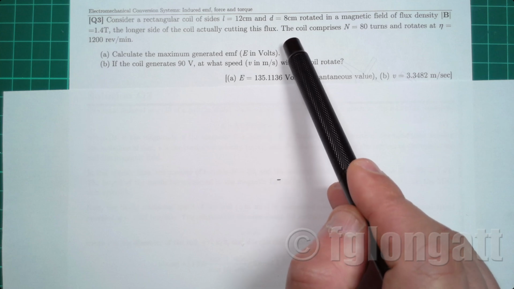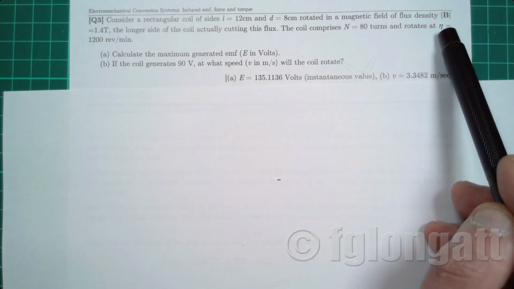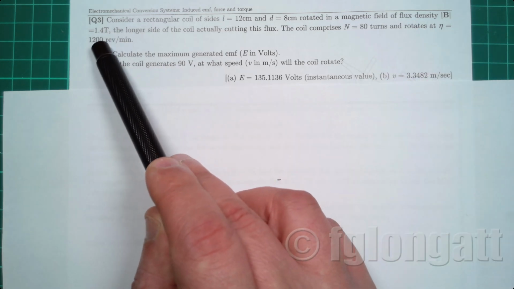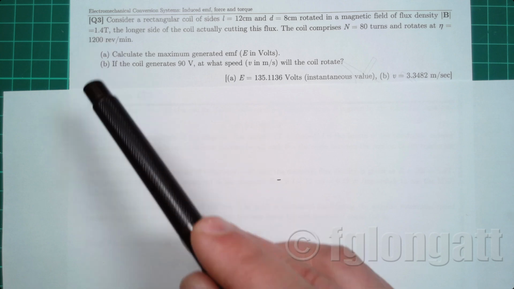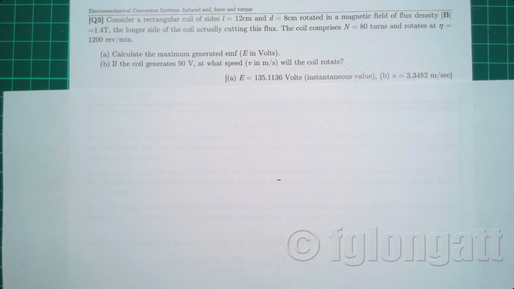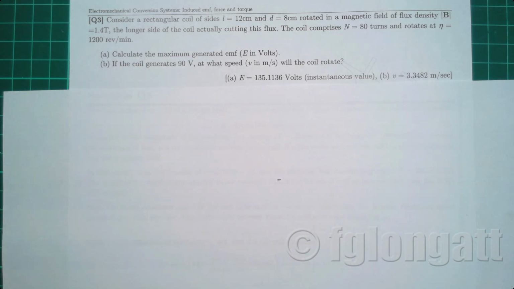The coil comprises 80 turns and is rotating at 1200 RPM, or revolutions per minute. There are two very simple questions. The first is to calculate the maximum generated electromotive force, or induced voltage, in volts.